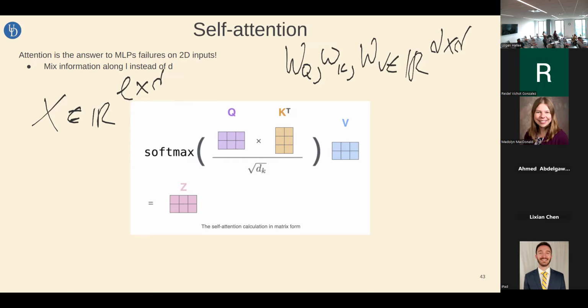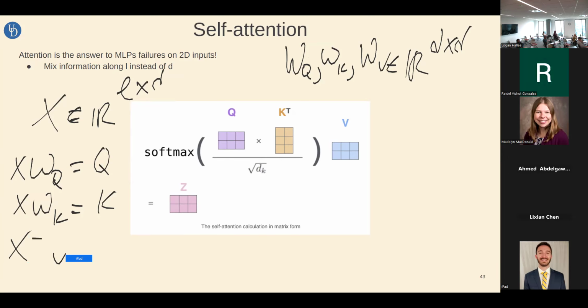And to get the queries, keys, and values, of course, we're going to do a matmul. And what are the shapes of all these, by the way? Q, K, and V. L by D? Does that make sense?